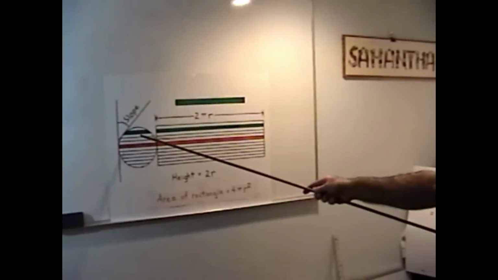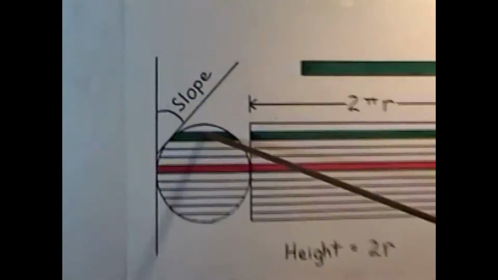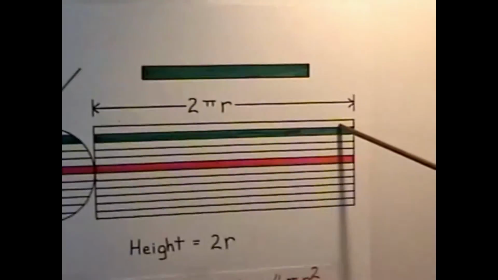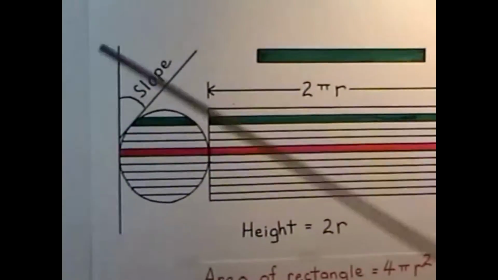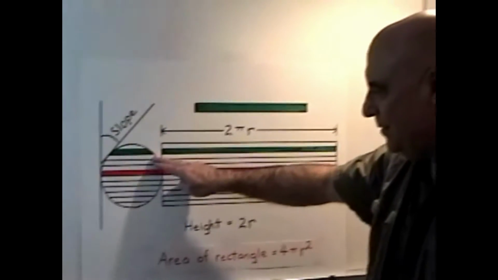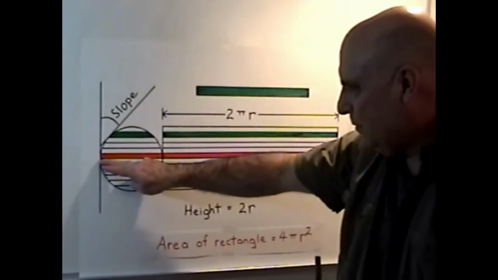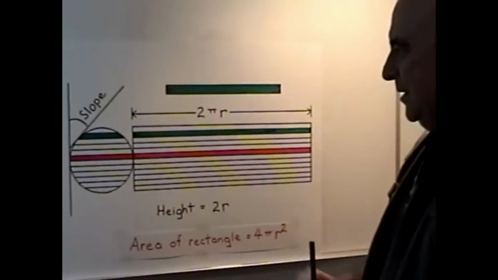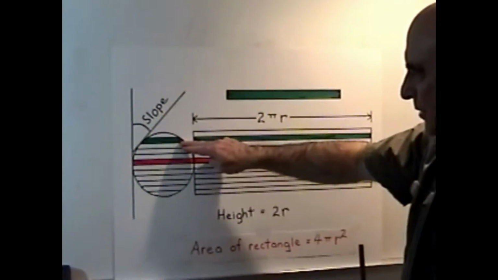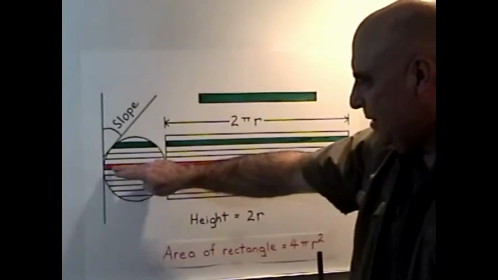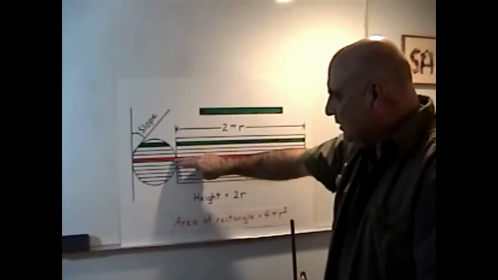At first glance, you would think that this stripe is smaller than this stripe, and therefore smaller than this stripe, because it's not so far from left to right. At the equator, you have a greater length from left to right. So if this stripe isn't as long, how can it have the same area as the stripe at the sphere's equator?